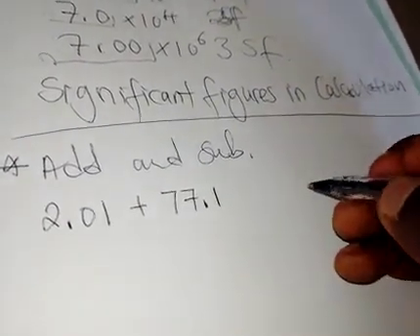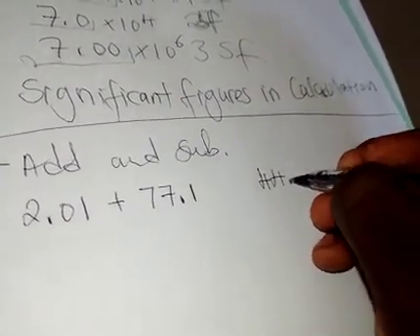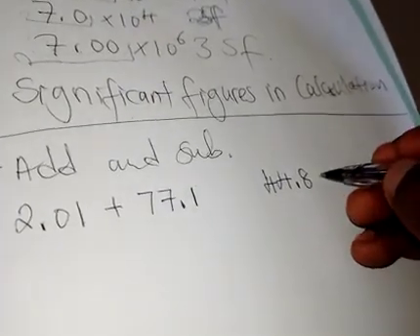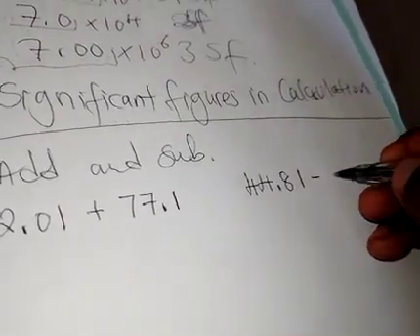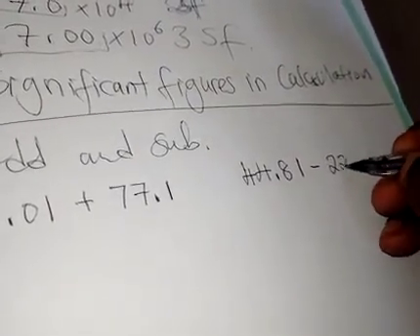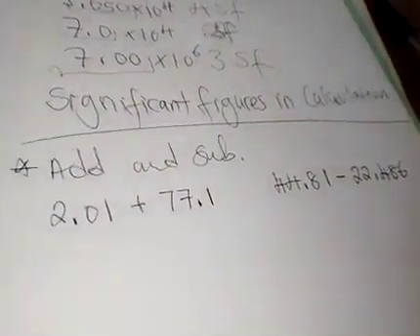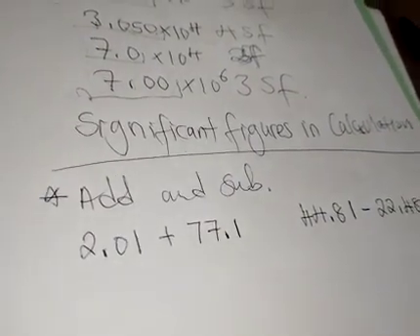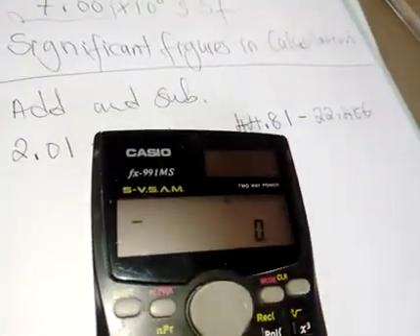Then you're also subtracting 44.881 minus 22.486, like that. So let's try to carry out calculations so that we see how we go about them.